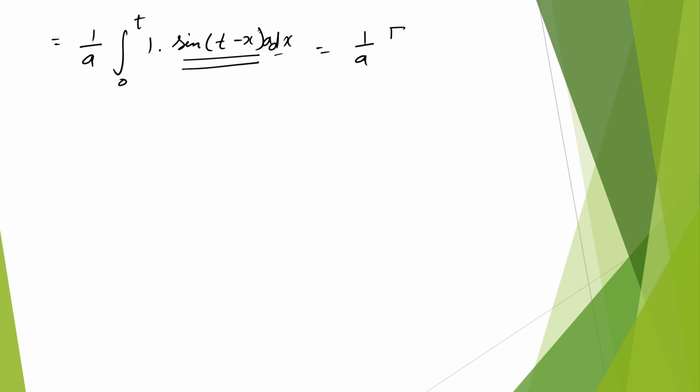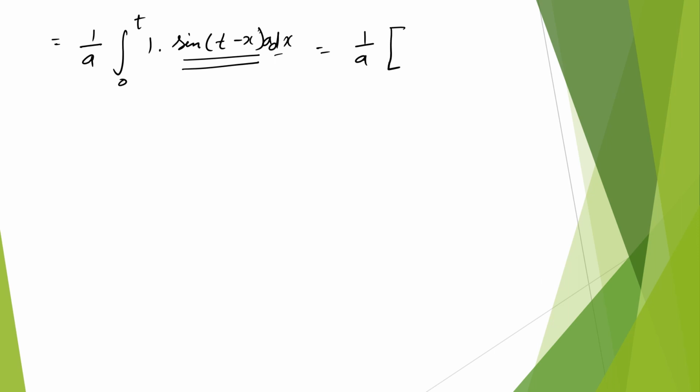Now the integration 1 by a, integration 0 to t of 1 into sine a(t minus x) dx will be equal to the integration of this with respect to x. We get 1 by a common.